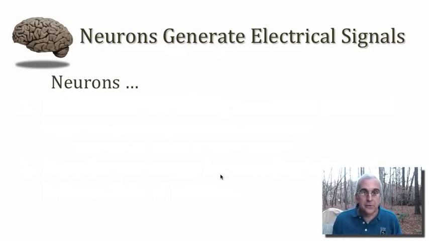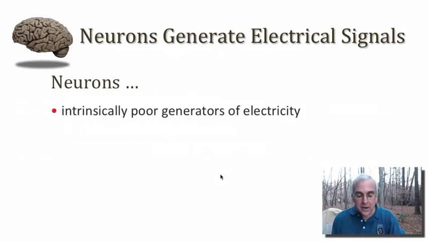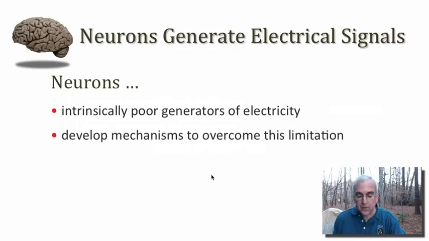This brings us to neurons and their unique properties. However, we've got a bit of a problem, and that is that neurons are intrinsically poor generators of electricity. That is, they just don't conduct electricity very well, being made of biological materials. However, neurons have evolved really fascinating mechanisms to overcome this limitation.